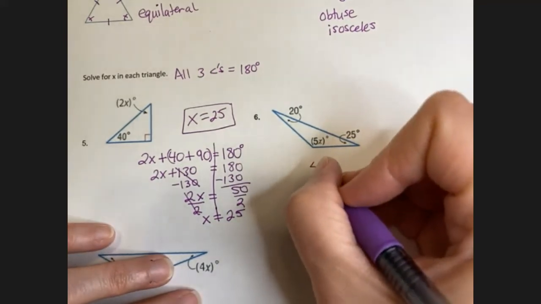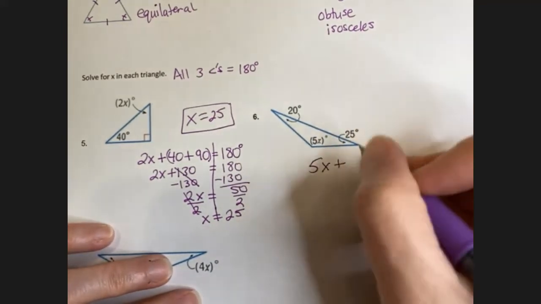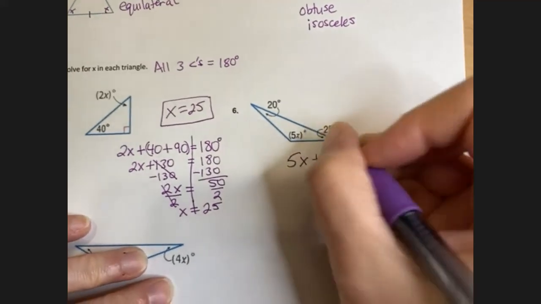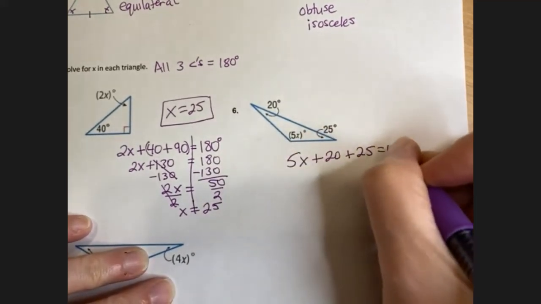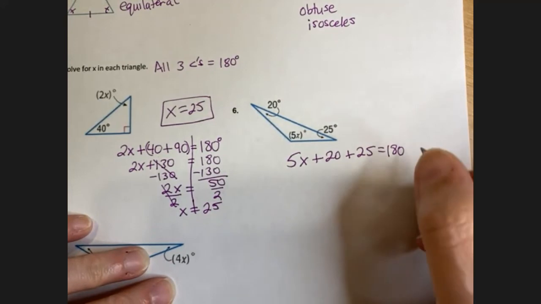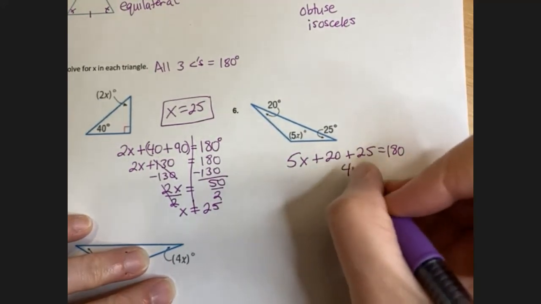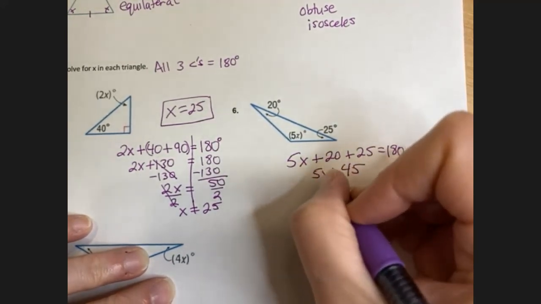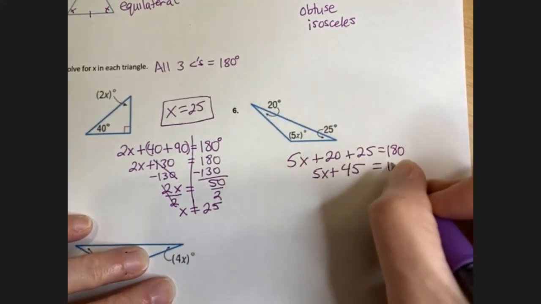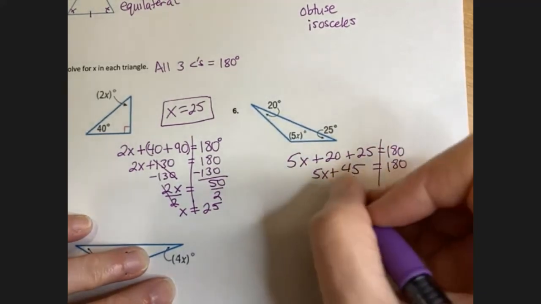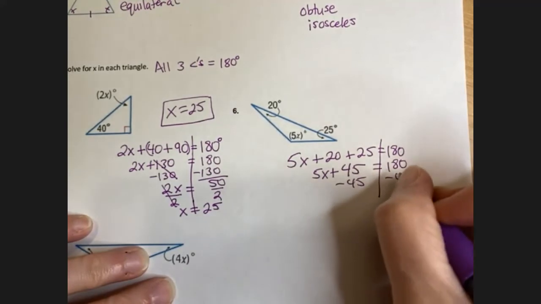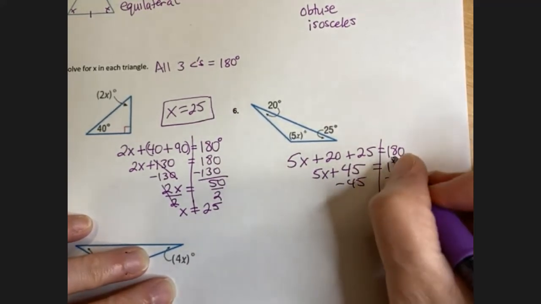I know that 5x, that's this angle, plus my 20-degree angle, plus my 25-degree angle has to equal 180 degrees. So add my 20 and my 25 together to get 45. So just combining those 2 together equals 180. And then I'm going to subtract 45 from both sides. Just a reminder, you have to borrow from the 8 here, make it a 7.